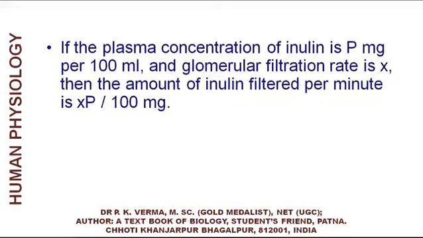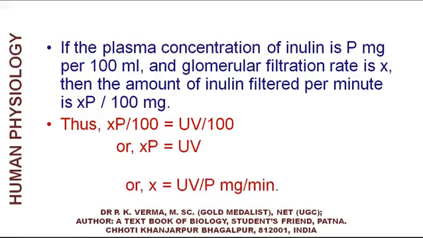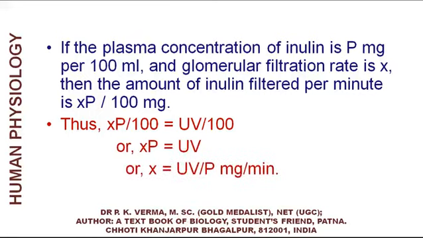If the plasma concentration of inulin is P milligram per 100 ml and glomerular filtration rate is X, then the amount of inulin filtered per minute is XP by 100 milligram. Thus, XP by 100 milligram is equal to UV by 100, that is XP is equal to UV, or X is UV by P milligram per minute.